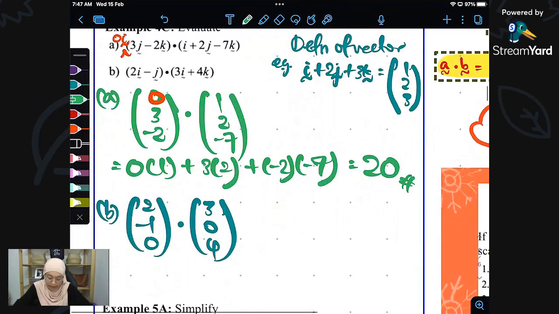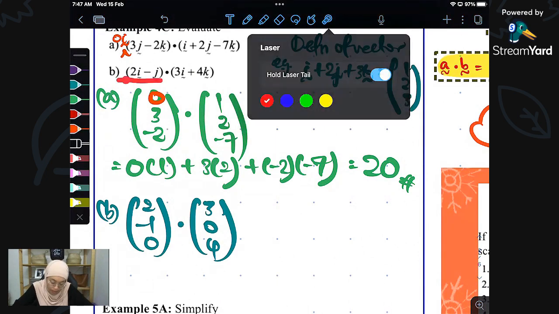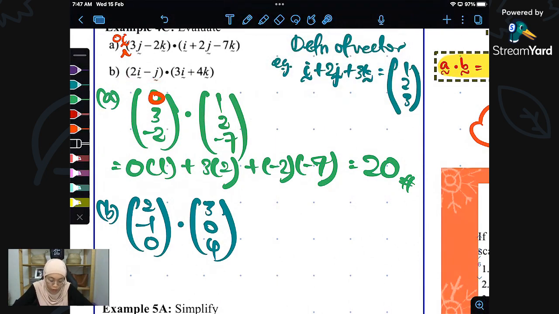And the last one, here we have 2i minus j. We do not have k, so it is plus 0k. That's why I write down 2 as the coefficient, negative 1 for j, and 0 for k.